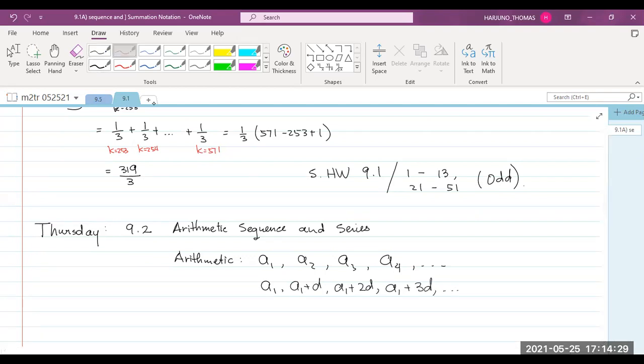You can think of it this way: the second term is the first term plus d, the third term is the second term plus another d. Such that we have a general pattern: the nth term is the first term plus n minus 1 times d.